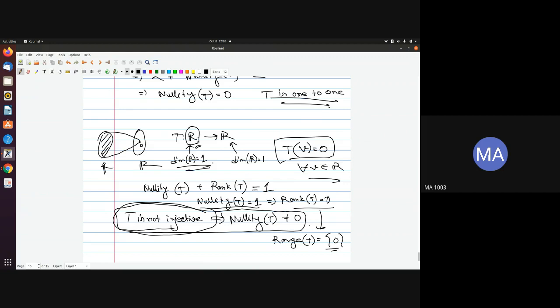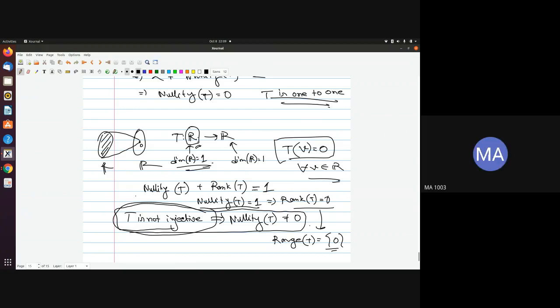So here, what are the possible options for nullity? It is 0 or 1. It cannot be 0 as T is not injective, so nullity must be 1. So rank must be 0 because rank plus nullity is 1. Nullity is 1 means rank must be 0. Correct?